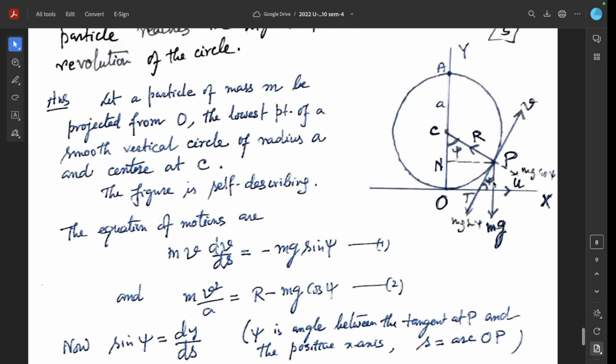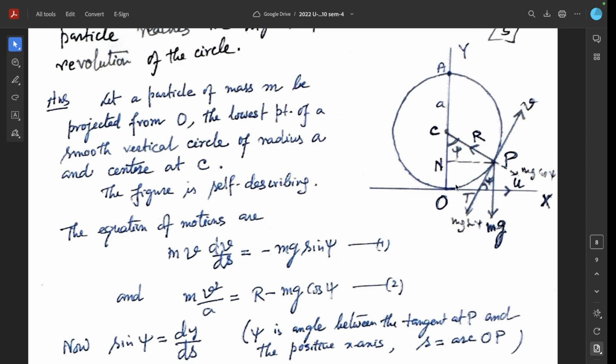at any time t is: m v dv/ds, the tangential acceleration, equals minus mg sin psi. Actually, this is minus mg sin psi because this direction is towards O, towards the x-axis, so there is a negative sign. And the normal component is m v square by rho, where rho is the radius of curvature. For this circle, the radius of curvature is a.